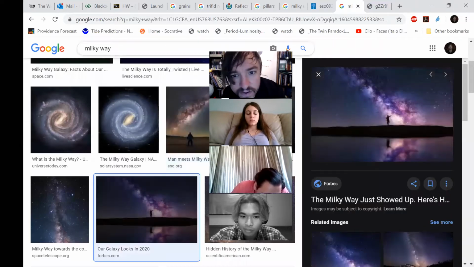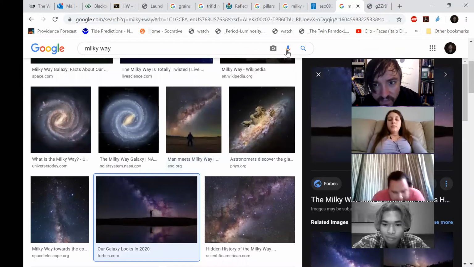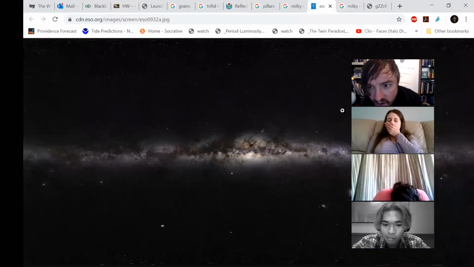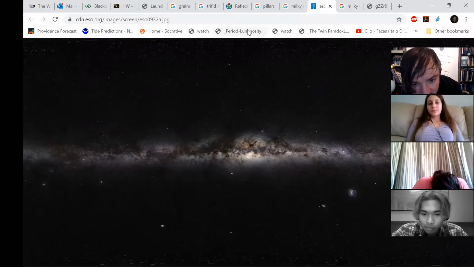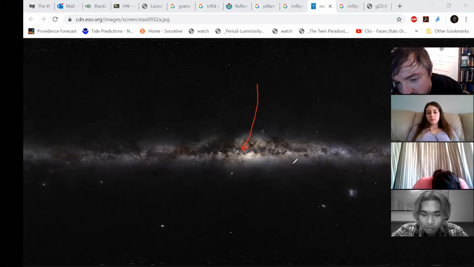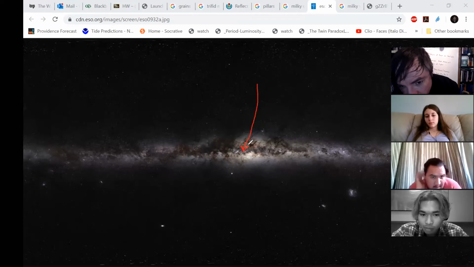Okay, anyways, the point that I'm trying to make is that what makes our galaxy difficult to observe are these dust lanes. This is why if you want to take an image of the supermassive black hole at the center of the galaxy, you can't use optical photographs because the dust will block your view.